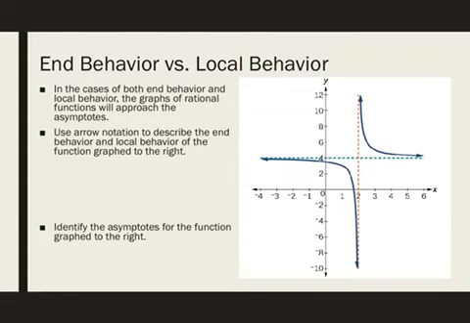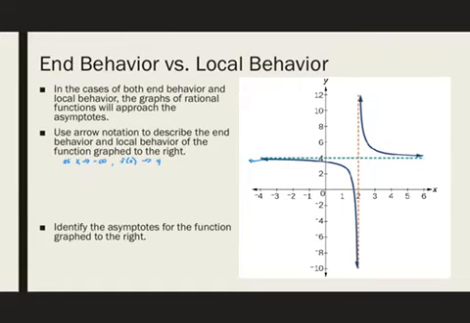So if I'm looking at the end behavior here, as x approaches negative infinity, okay, so as we're moving along this part of the function, notice how it goes really, really close to that positive 4. So this function approaches 4.